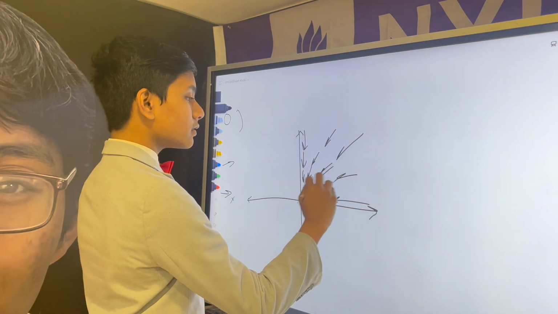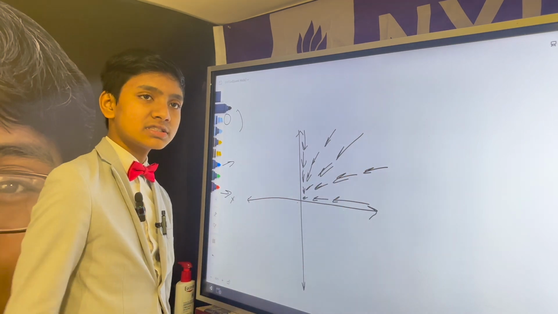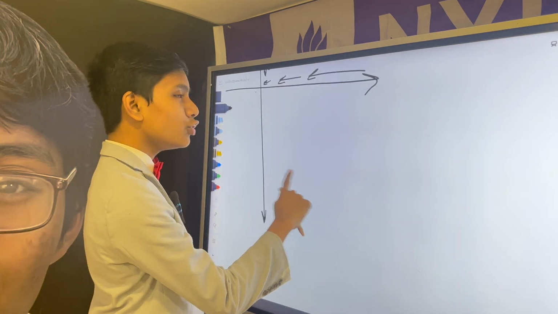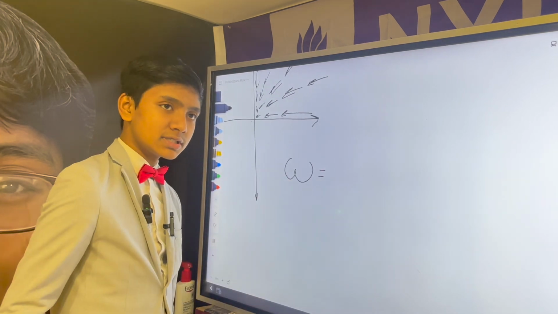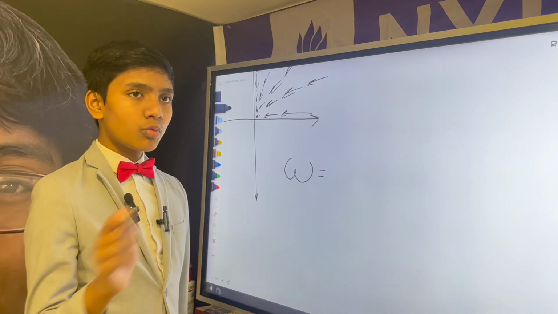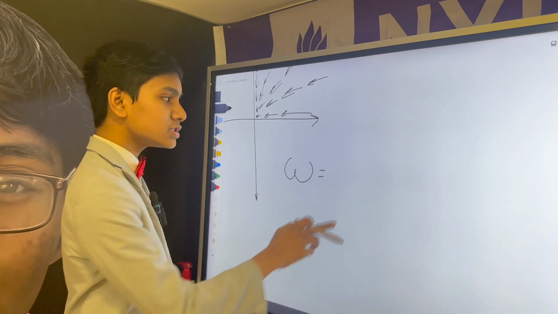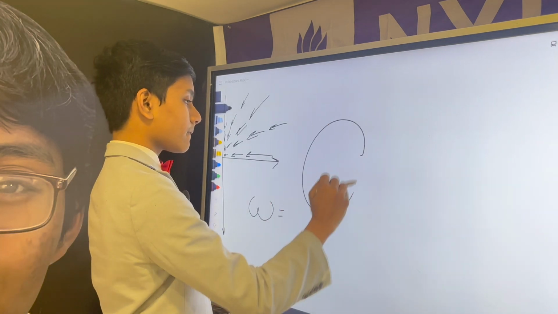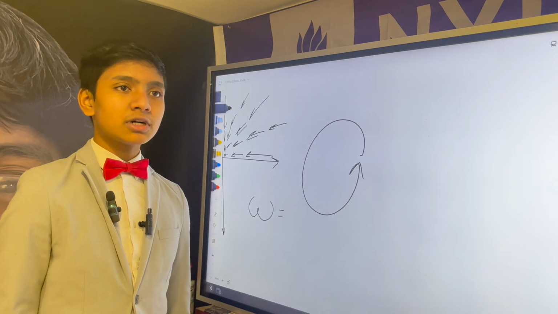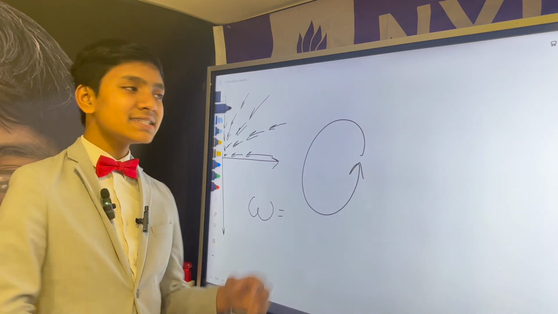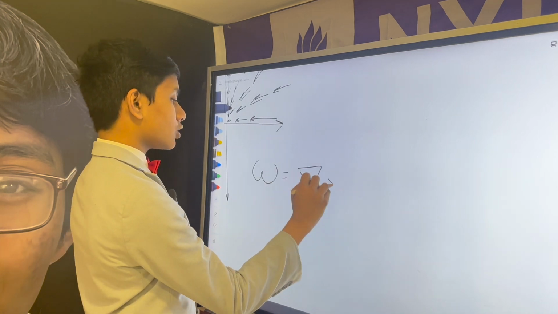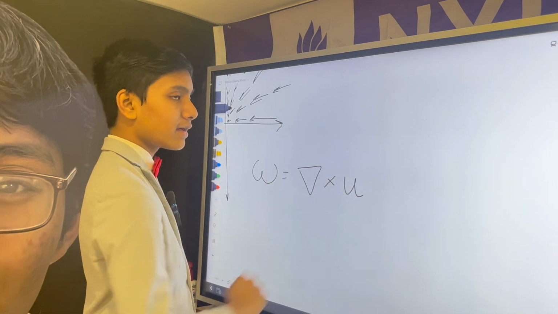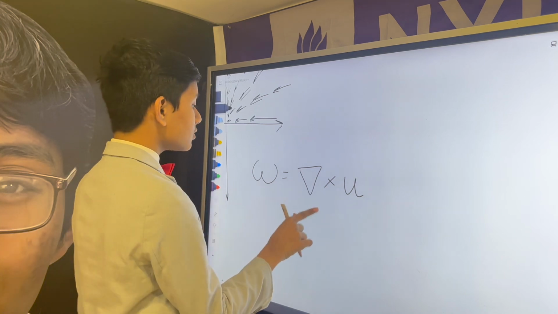So, when studying how these velocity fields act, there are two big things we have to take into consideration. Vorticity is how much the fluid curls up and twists itself, and accordingly, it's just the curl of our velocity field.